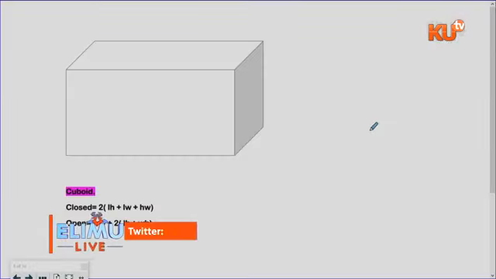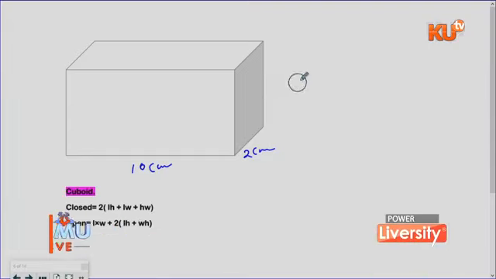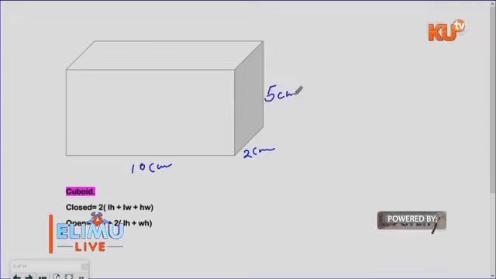Okay, so we have a cuboid here. We can give the measurements. So this can be 10 centimeters, and this is 2 centimeters, and this one is 5 centimeters. Okay.